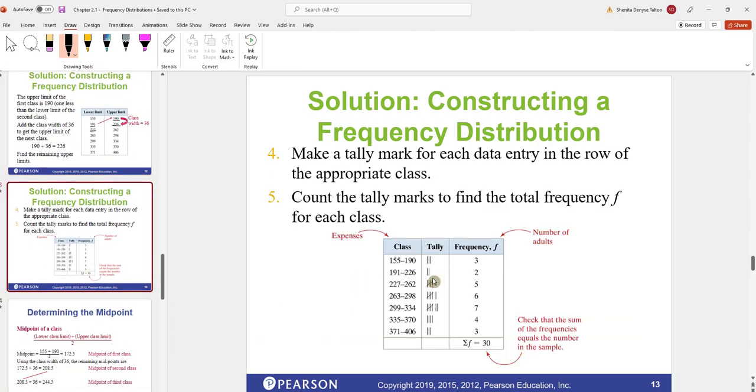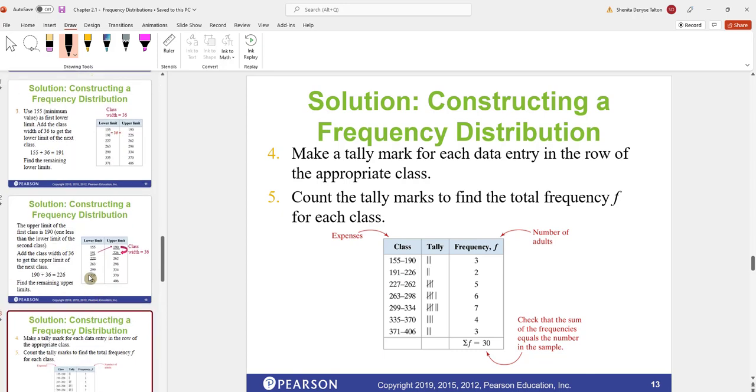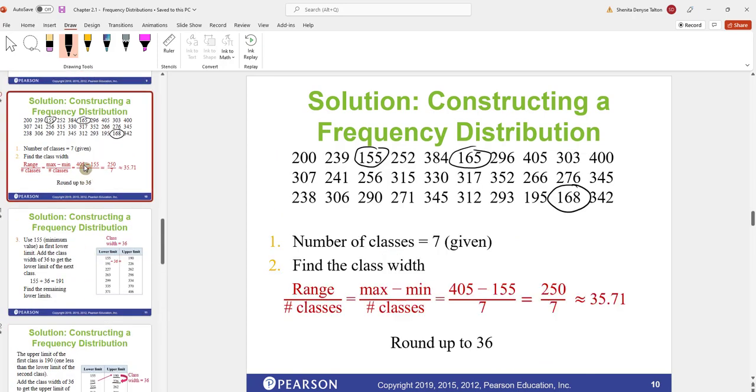If you look at the second class, I have 2 tally marks. That means 2 numbers fall between 191 and 226. So if I go back to my data set, let's see, I should have 195 and another one, 200.